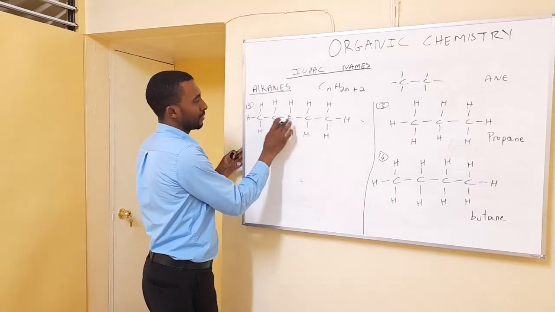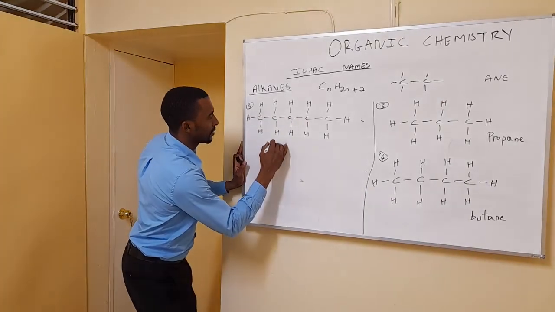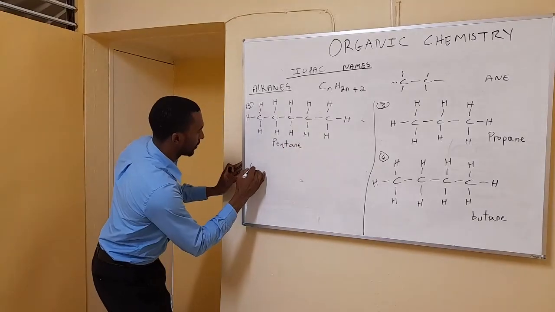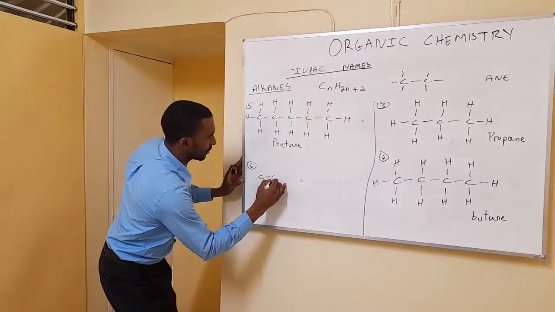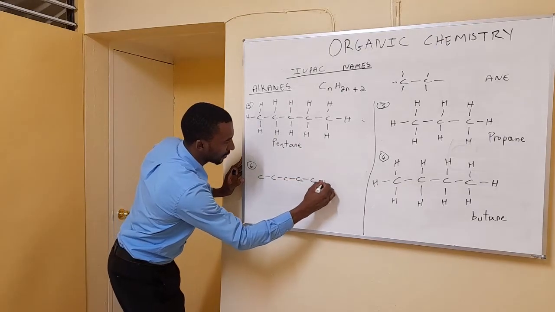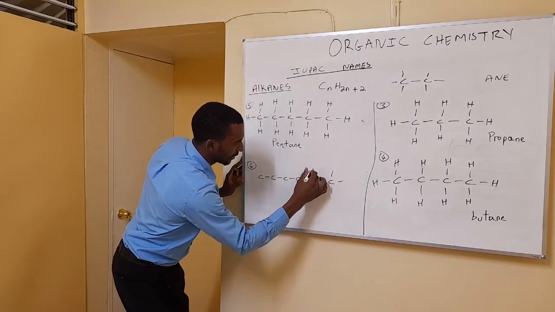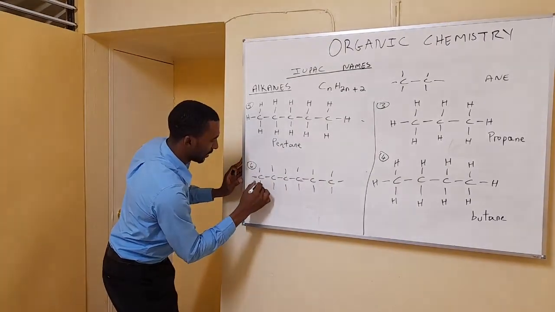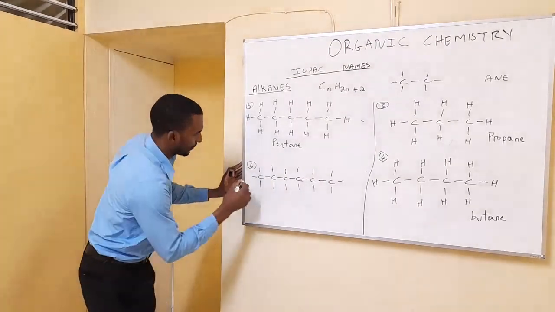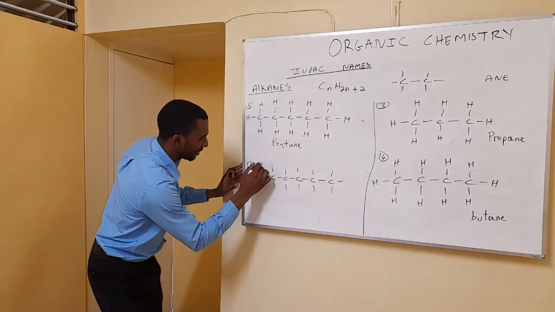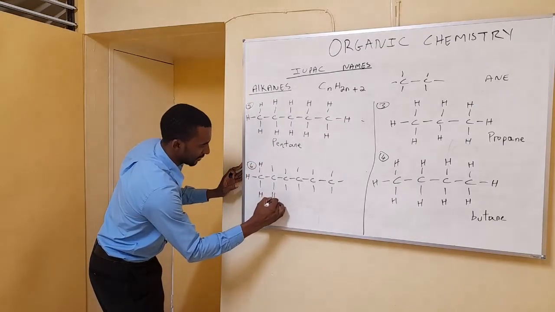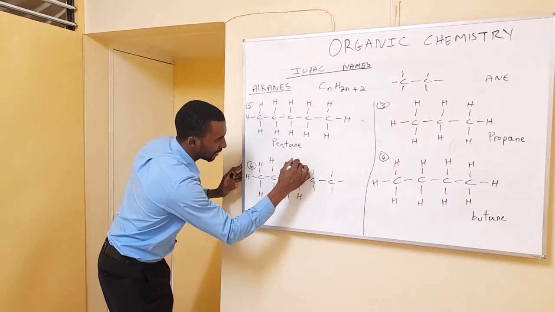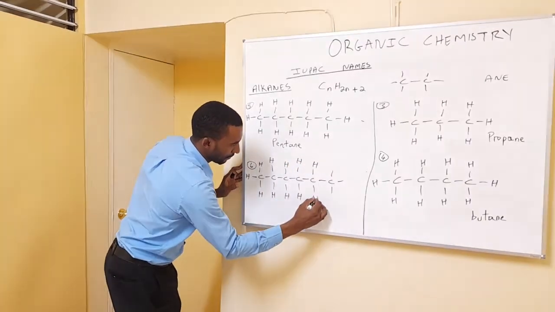Then 6: 1, 2, 3, 4, 5, 6. They are unlikely to give you greater than 6 in the exam, but you should probably know more. Know the straight chain length of 6 and the name, and you should be able to define it in terms of naming.